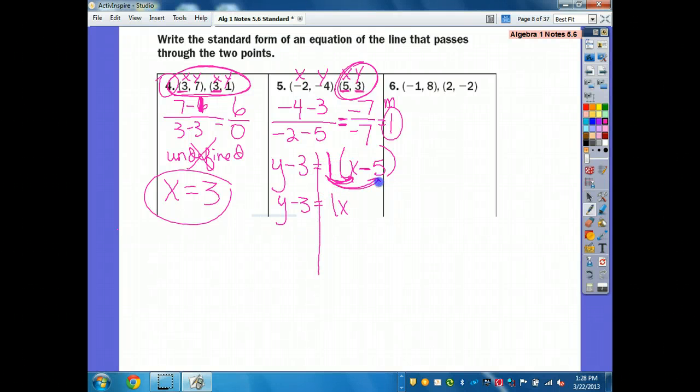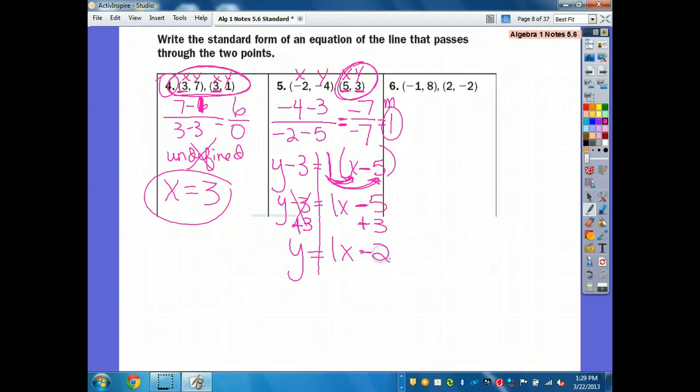And 1 times a -5 is? -5. All right. Now we have to take it into what kind of form? Slope-intercept form. So get my 3 over here. That cancels out. So now I have y equals 1x minus 2.